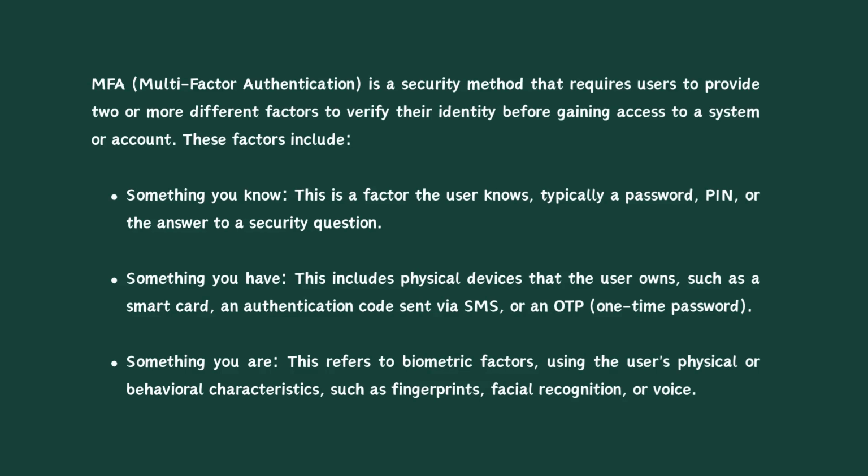Something you have, such as a smart card, an authentication code sent via SMS, or an OTP, one-time password. Something you are. This refers to biometric factors, using the user's physical or behavioral characteristics, such as fingerprints, facial recognition, or voice.